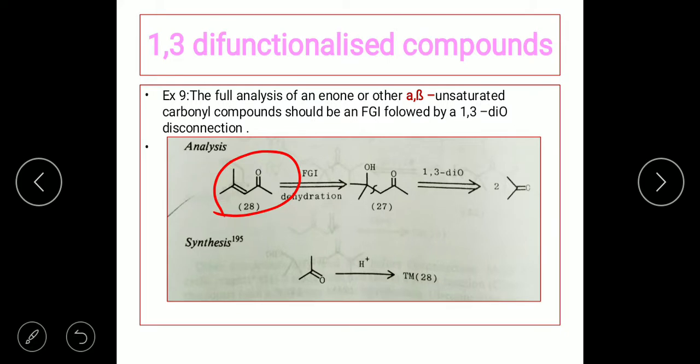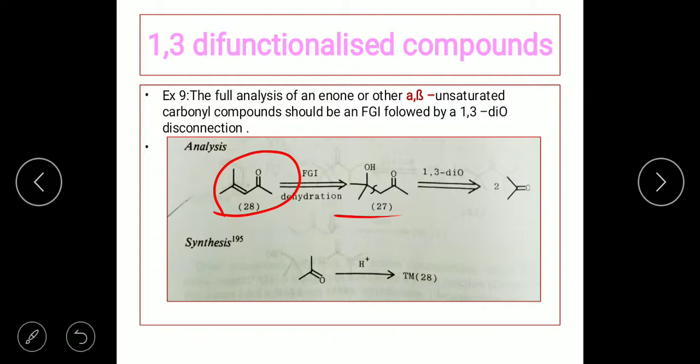Whenever you have an alpha beta unsaturated compound, always go ahead with writing down the functional group interconversion to an alcohol, because it is much easier to disconnect a beta hydroxy ketone. Okay, because it is going to give rise to the right synthetic equivalence.